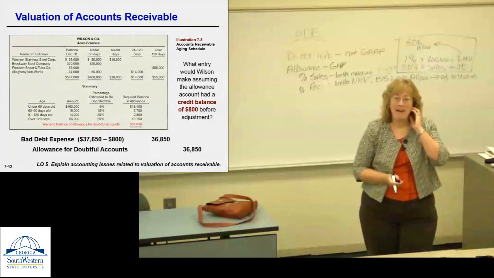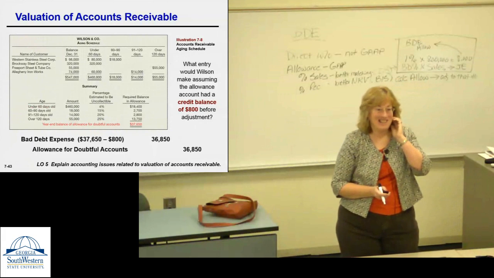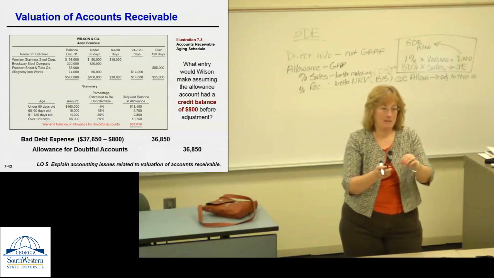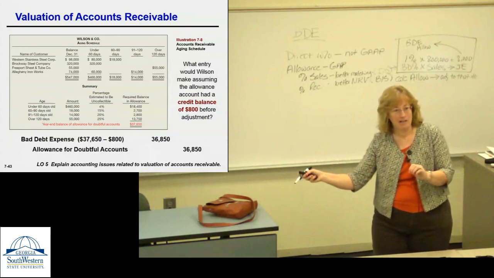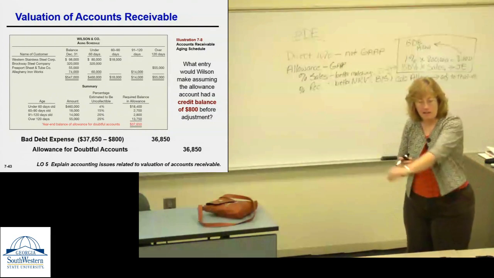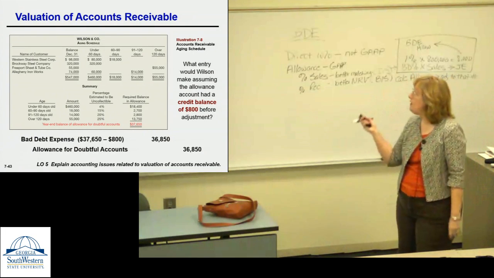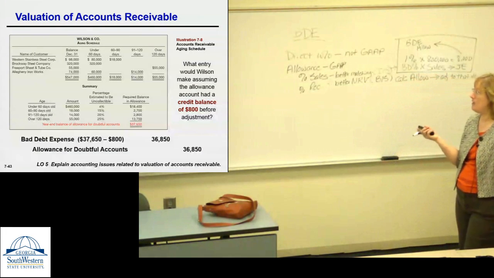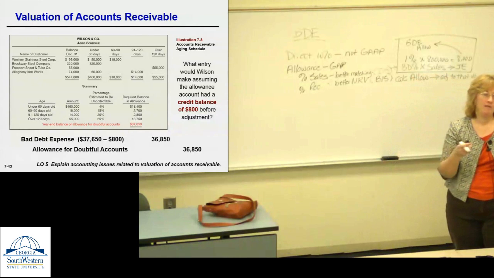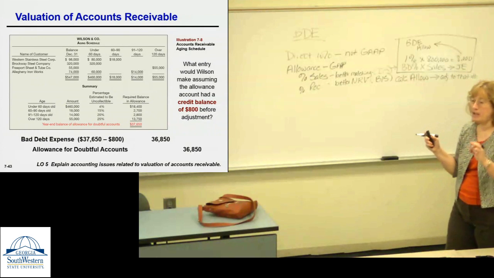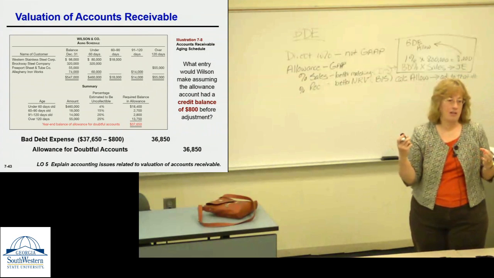Yeah, we're going back to the sixth grade number line, where it's below zero or above zero. We have to move further to get it to the credit balance, right? So if it had an $800 debit balance, then we'd add $36,850 plus $800, right?